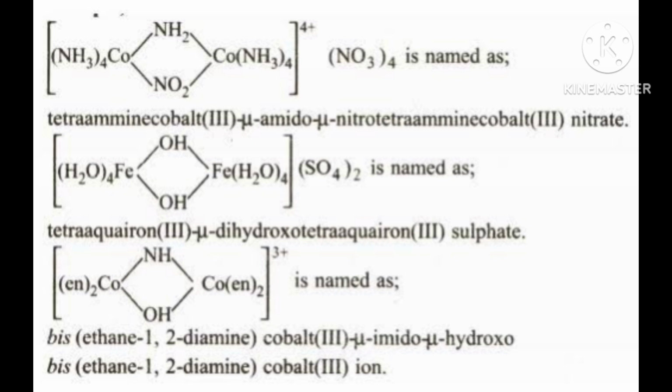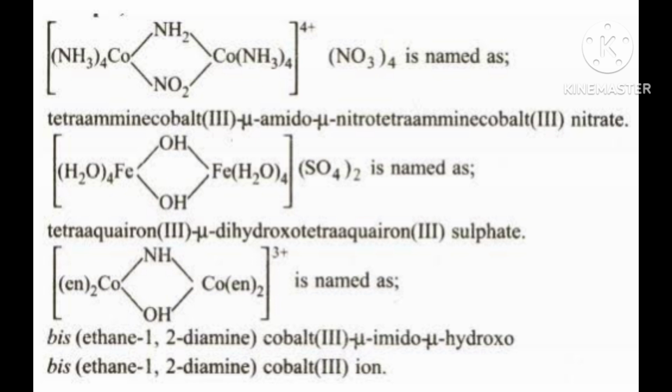After that, 2 PPh3 is attached, (PPh3)2. (PPh3)2 means 2 PPh3 is attached. Then how will you give the name? Then you have to name it like I am telling you.